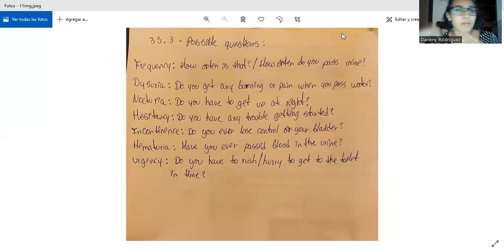Do you get any burning or pain when you pass your water? Nocturia. Do you have to get up at night? Hesitancy. Do you have any trouble getting started? Incontinence. Do you ever lose control of your bladder? Hematuria. Have you ever passed blood in the urine? Urgency. Do you have to rush or hurry to get to the toilet in time?